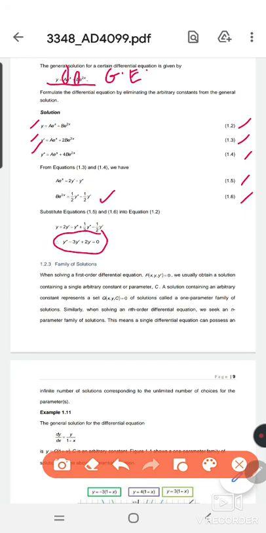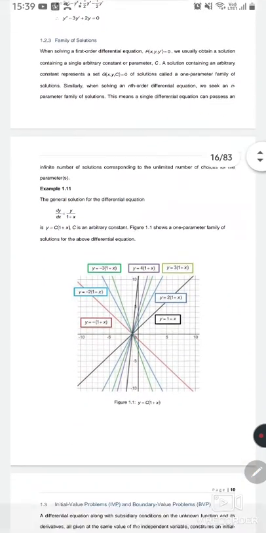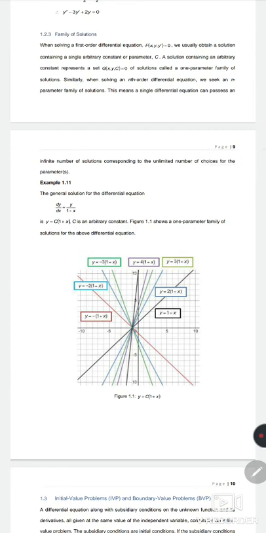Okay, then next, family of solutions. Okay, family of solution ni, when solving a first order ordinary differential equation, we usually obtain a solution containing a single arbitrary constant or parameter C. A solution containing an arbitrary constant represent a set G(x,y,C) equals to 0 of solution called a one parameter family of solutions.